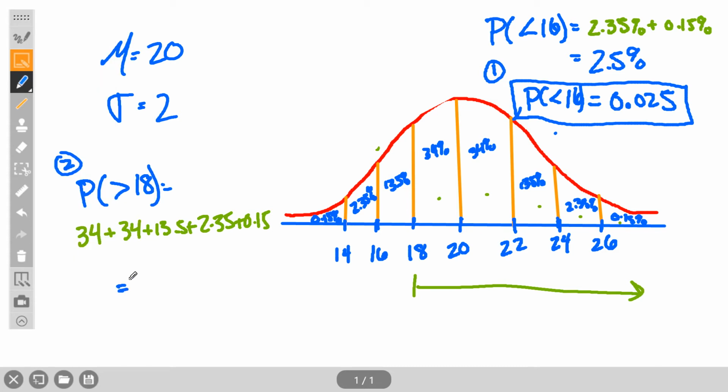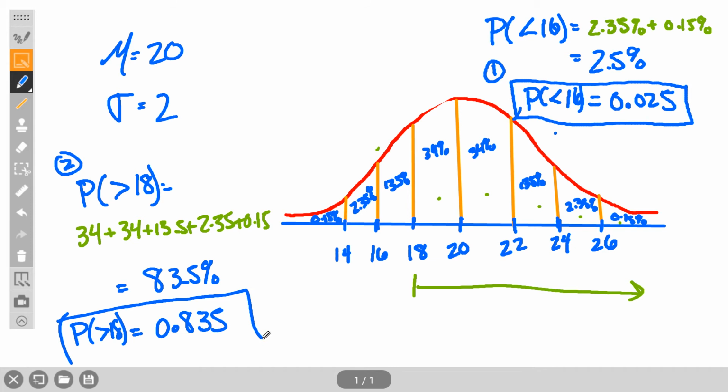So that's 83.5%. If we express that as a probability, that's 0.835. The probability of the weight being greater than 18 is 0.835.